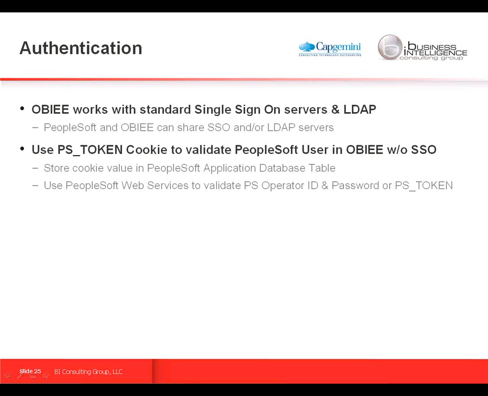But we can use that cookie to store it in a table, and then when we go from PeopleSoft to OBIEE, we pass that cookie along with that request. And once OBIEE gets that request, it can take the cookie and figure out who the user is.